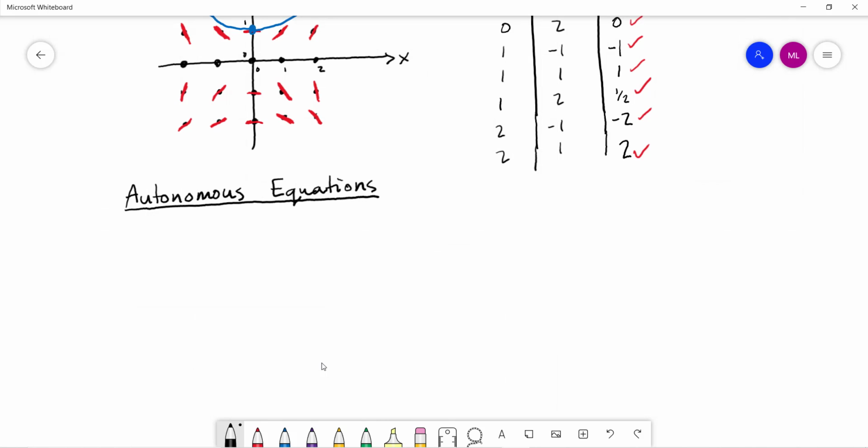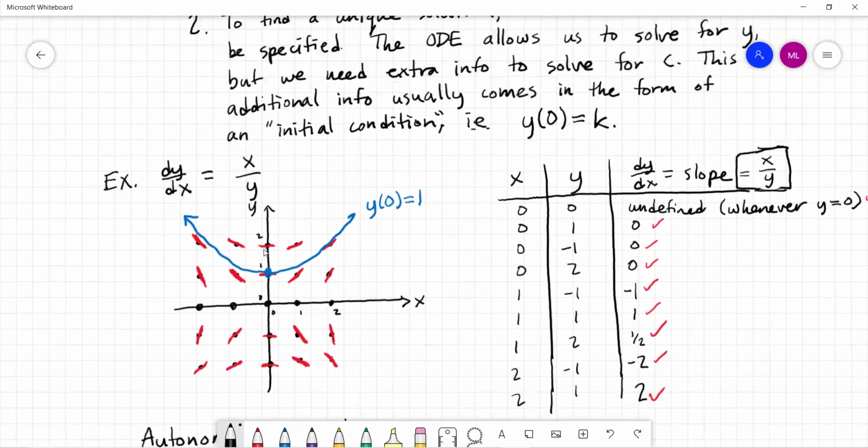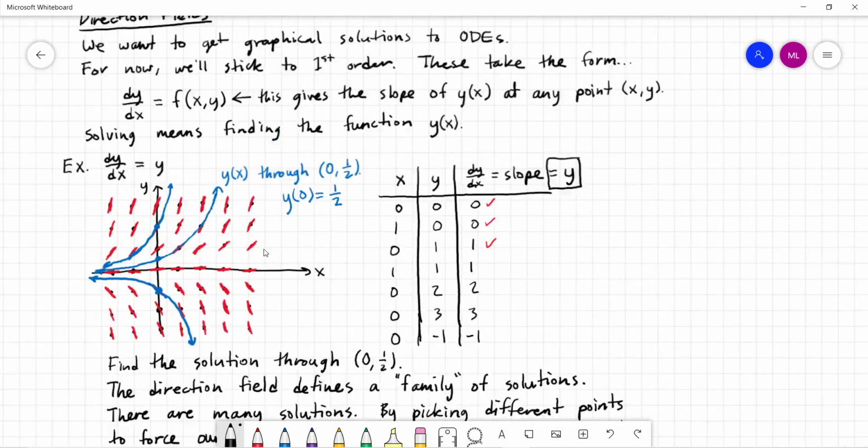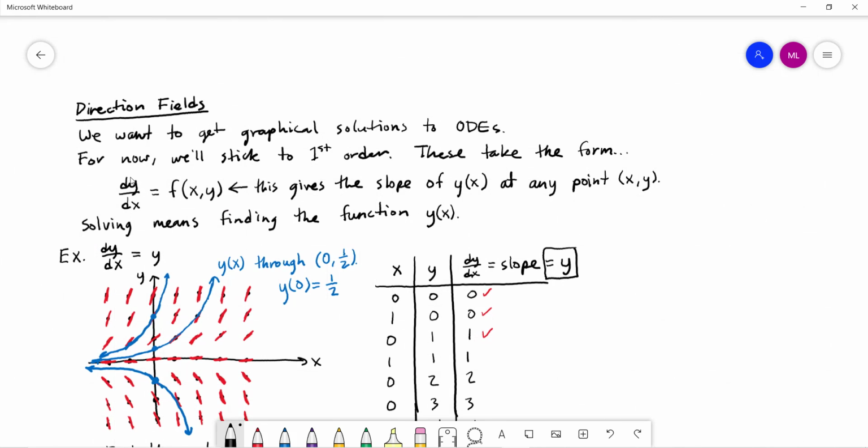Essentially, the idea of an autonomous equation is that if the differential equation, so if the ODE takes the form of the following, if we get dy/dx equals some function of y and y alone. So notice for these direction fields, the requirement was that we needed dy/dx, our first derivative, equal to some function of both x and y.